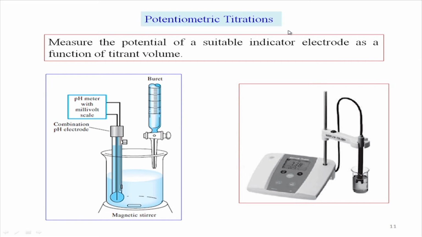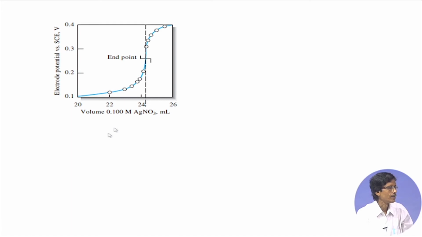This is the simple one for a precipitation reaction, where we can see the separation for your chloride concentration against the volume of silver nitrate. The nature of this plot is the same, whether you go for the volume of an acid, that means hydrochloric acid, against the electrode potential or the pH.